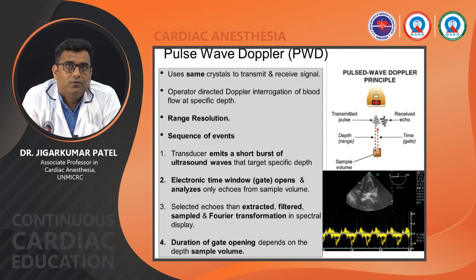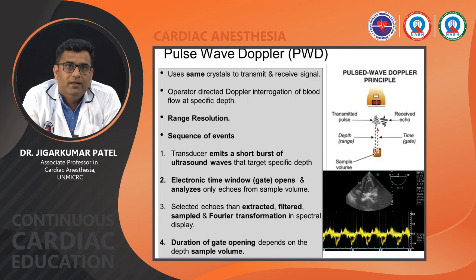The second type is pulse wave Doppler. Here you use the same crystal to transmit and receive the signal. Here there is range resolution because the same crystal is used to transmit and receive the Doppler wave. The sequence of events is that the transducer emits a short burst of ultrasound wave that targets a specific depth.